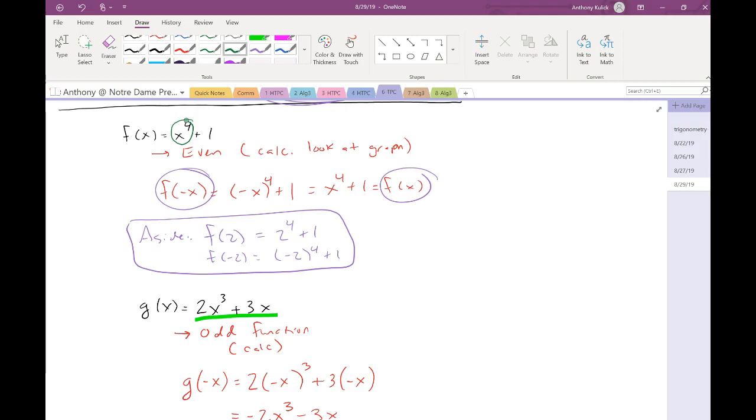So in this case, it's degree 4, right? But if I look at this piece, what's the degree on 1? 0, because there is no variable. What can you say about the degrees of both 4 and 0? What kind of numbers are those? Starts with an E. Even. What type of function was this? Even function. If all the degrees of the terms are even, you should have an even function.